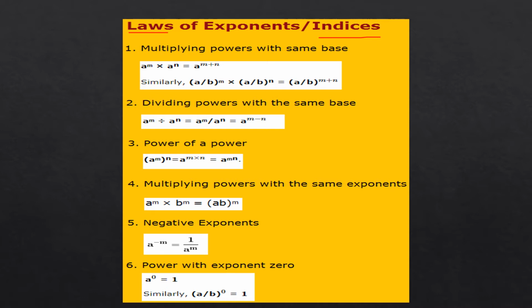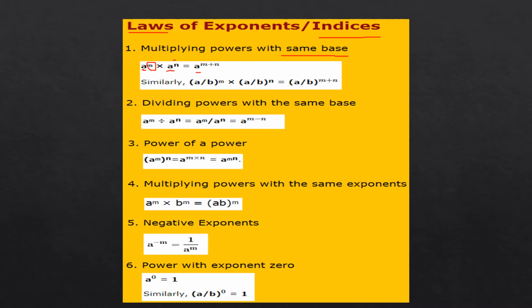So we have number 1, multiplying powers with the same base. If we have the same base, A is the base. This A is the base, and this is also the base. If the bases are the same, we will add the powers, or let's say exponents. Exponent is power.